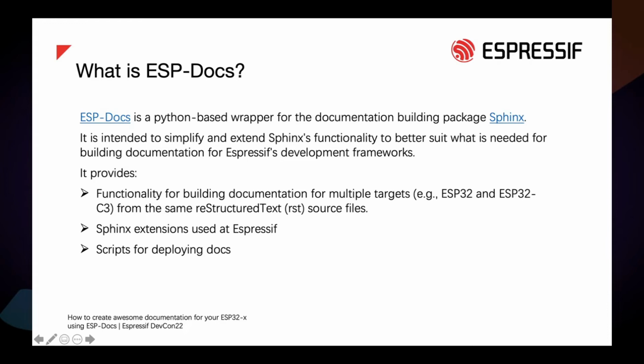The target in this presentation refers to the product, or more specifically, a chip series, such as ESP32 or ESP32-C3, from the same reStructuredText or RST source files. And it also provides Sphinx extensions used at Espressif and scripts for deploying docs.